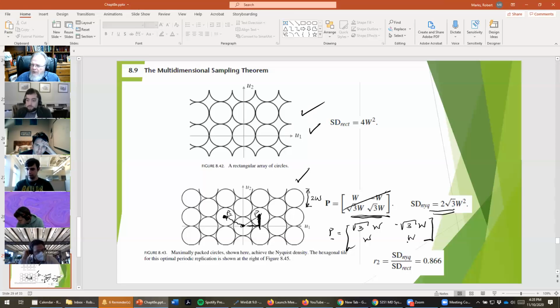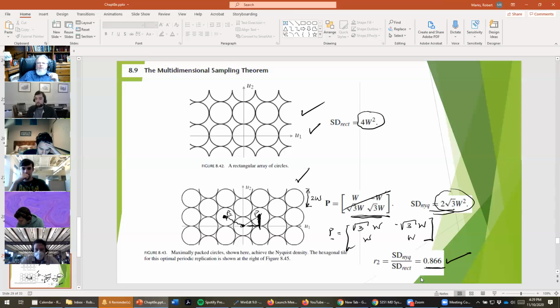So what's the ratio of that? Well, it turns out if you take this divided by this, you get 0.866. So it turns out by going to a hexagonal sort of sampling, you reduce your number of samples by about 87%.